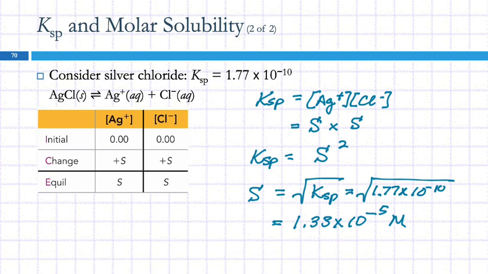So we'll have 1.33 times 10 to the minus 5 moles will dissolve in a liter of solution. That's not very much. That's a low concentration, right?